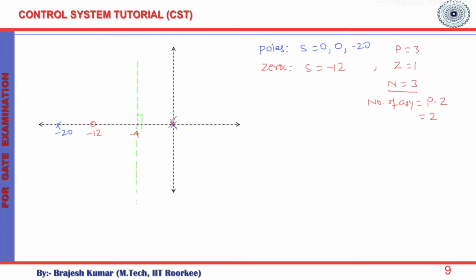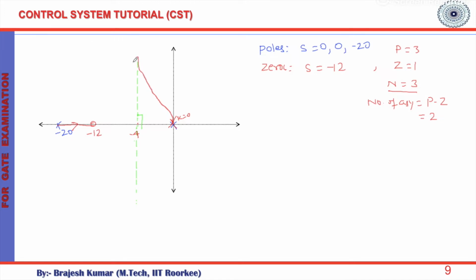So let us talk about this one, the red one. At k equal to 0, two branches will start from here and one of the branches will start from here. When k keeps on increasing, this will terminate at this 0, and here when k keeps on increasing, this will go like this.